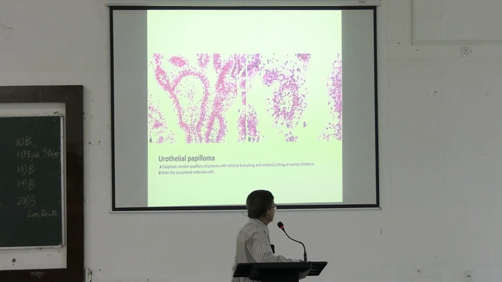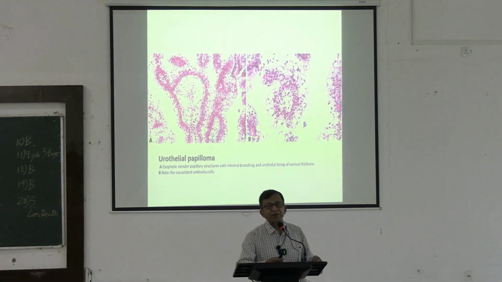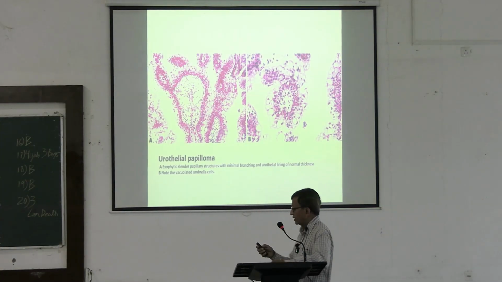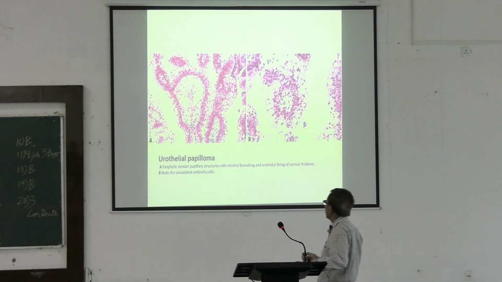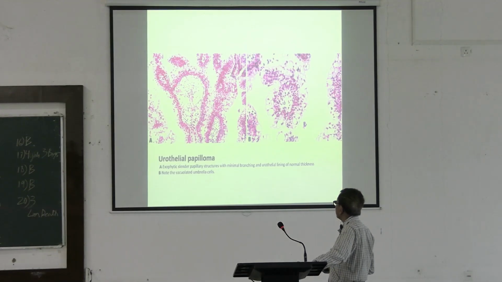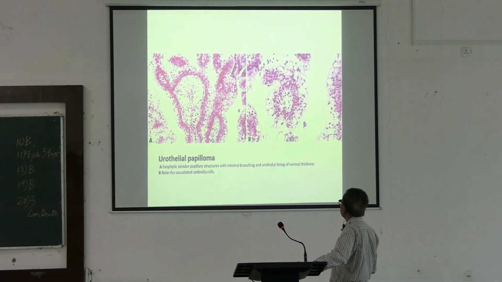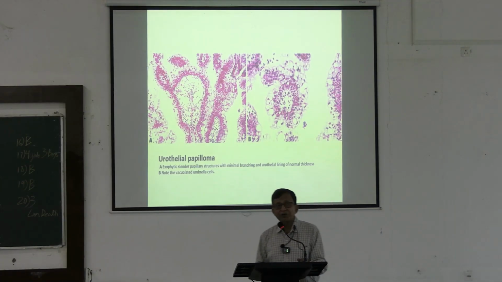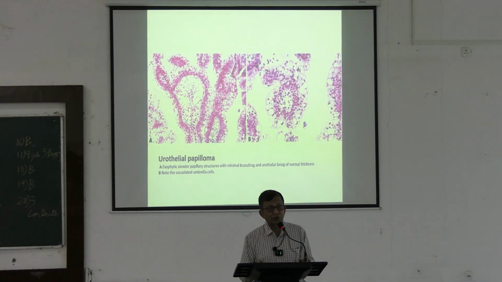Now just see the pictures. These are just like papillae, papillae lined by normal urothelium, not so thick, no atypia, no pleomorphism, normal papillae. But on endoscopy, there is a growth.